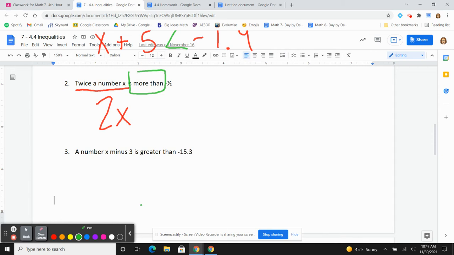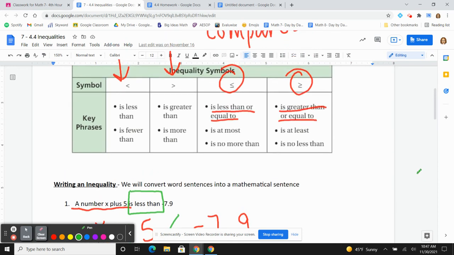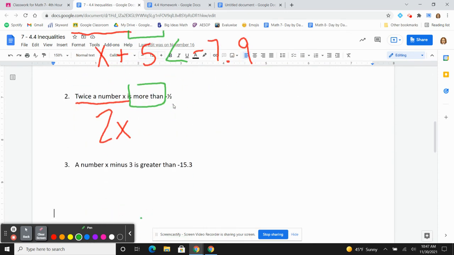Where do you see that on our chart? Is more than. Briar? The second column right here. So we're going to use the greater than inequality. And what's left? What is 2x greater than? Sarah? Negative 1/2. Done.